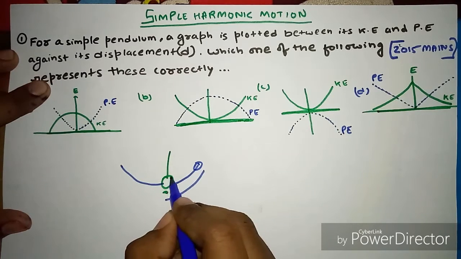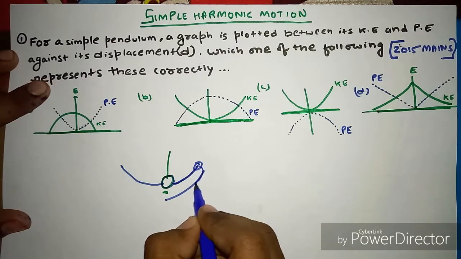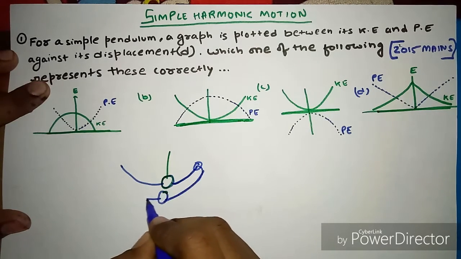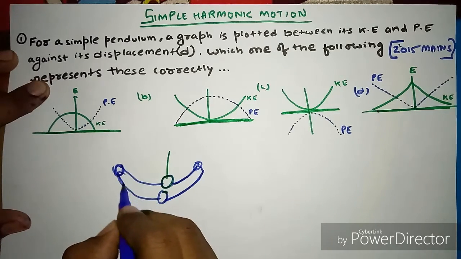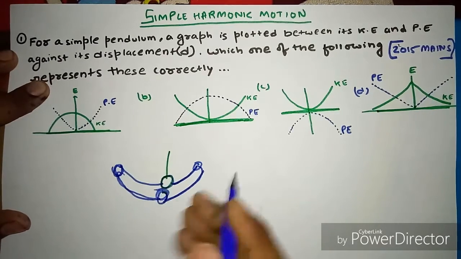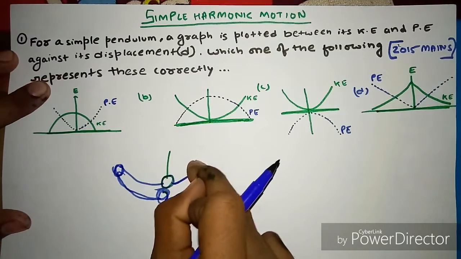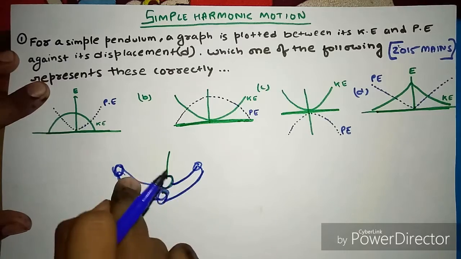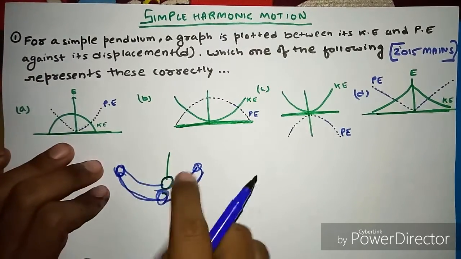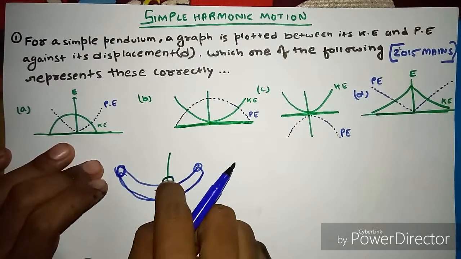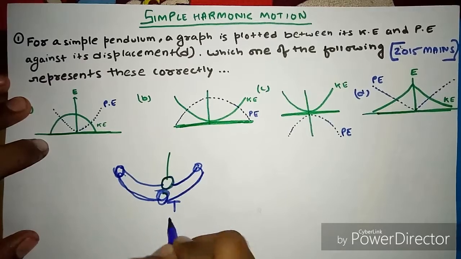From the equilibrium position it goes there, comes back here, then goes to the left extreme, then again comes back to the equilibrium position. So this movement is called one time period.